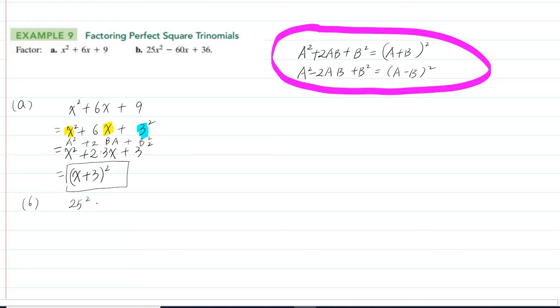Alright, 25x squared minus 60x plus 36. When you do this type of question, let's write this as 5x, then squared, then minus 60x, and then plus 6 squared. Once we have this, you realize that's your a, and this is your b.